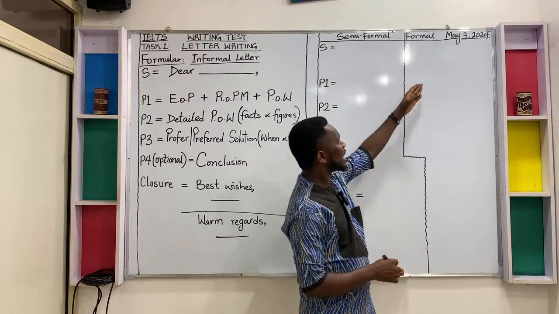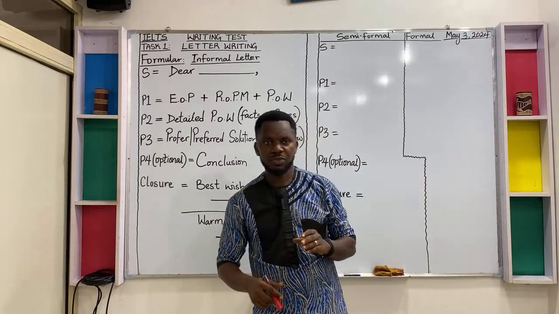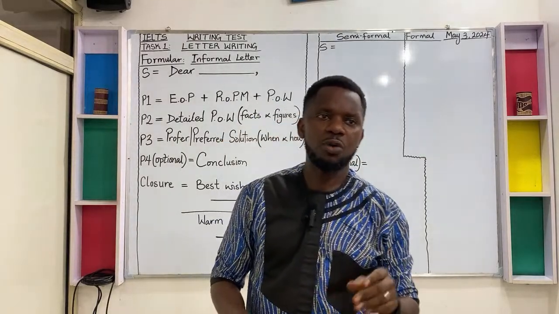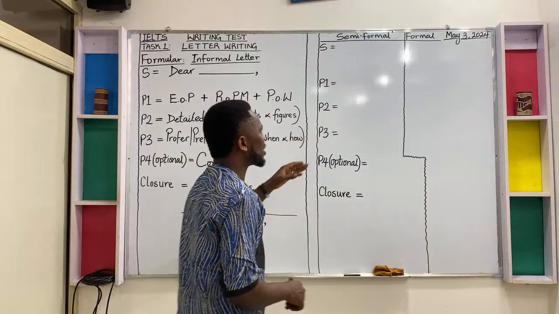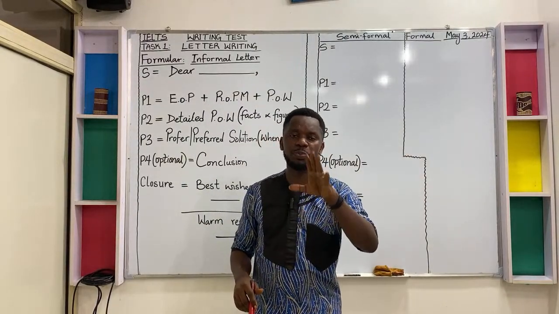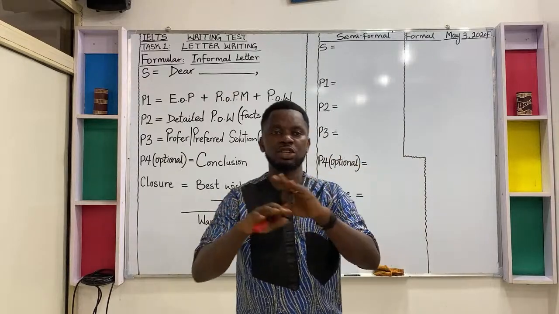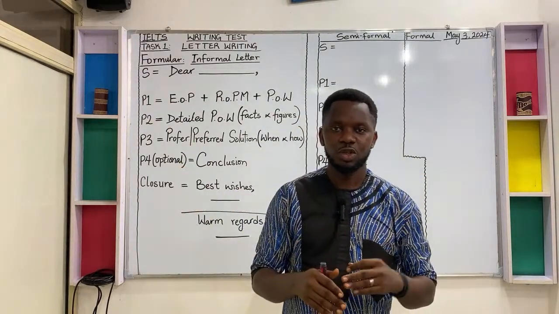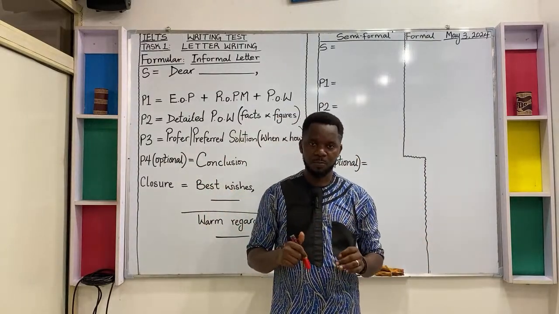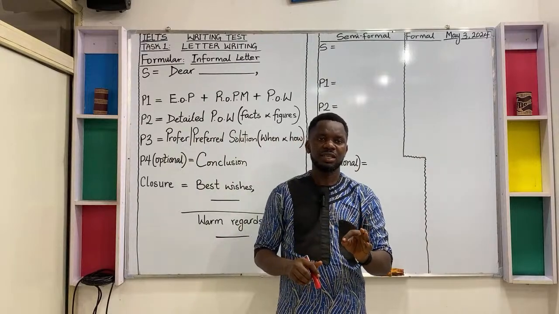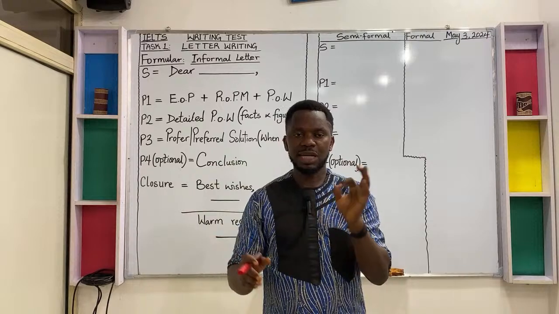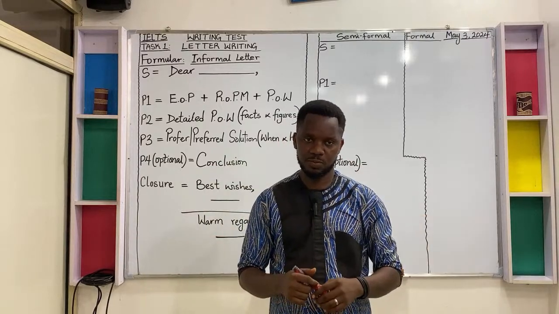Now, what about formal letters? Formal letters are the type of letters you write to people occupying official positions or portfolios that you have no relationship with. You may not even have met them once. You don't know who they are. As a matter of fact, you may not know if it's a male or a female occupying the position.